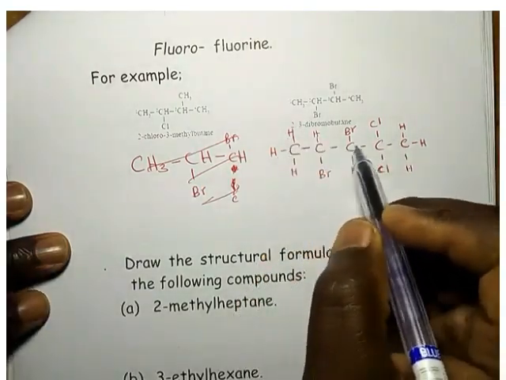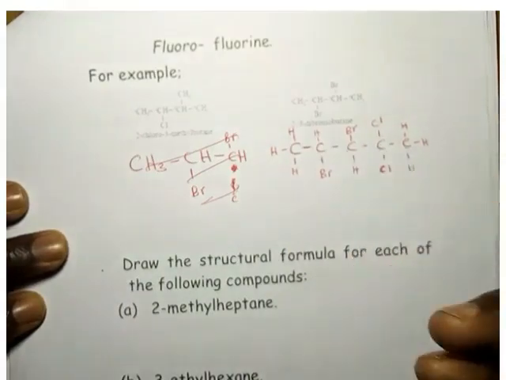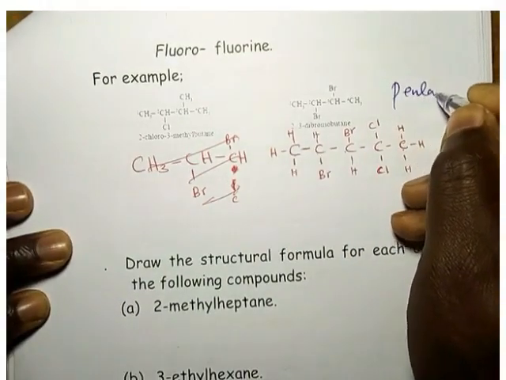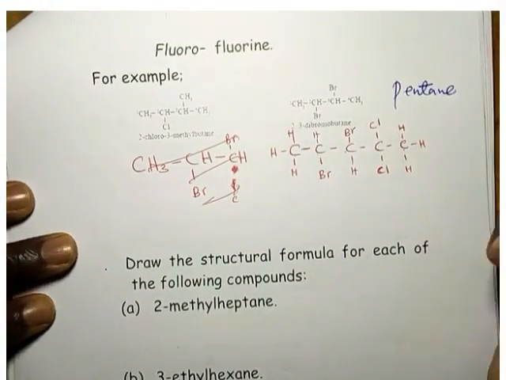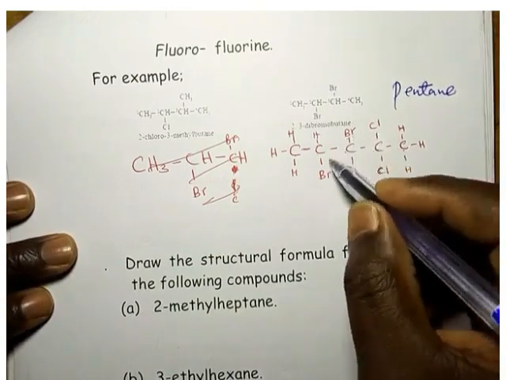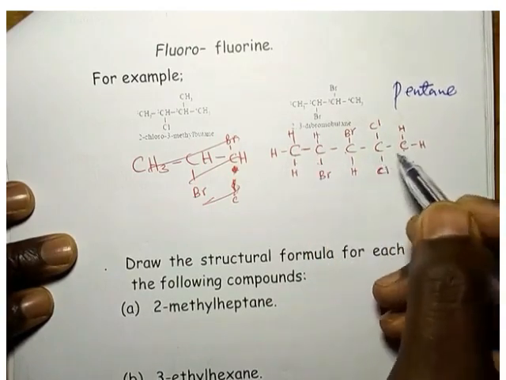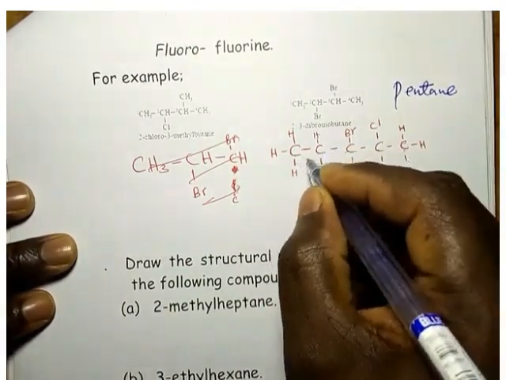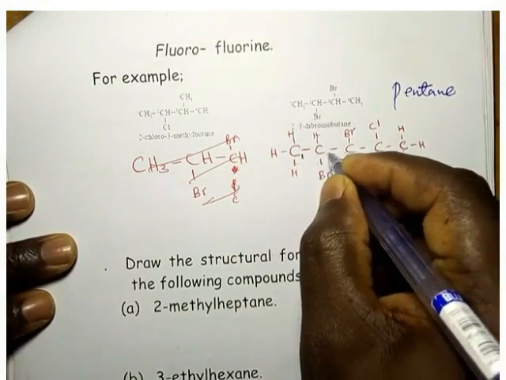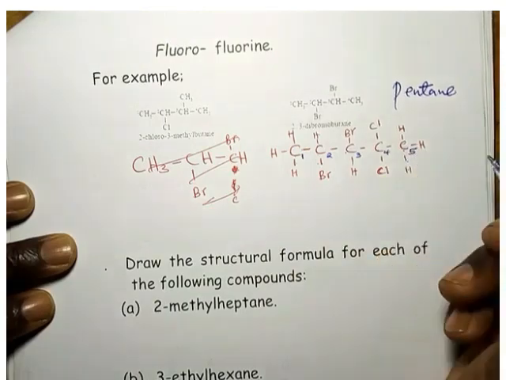Let us look at this one. The parent name is 1, 2, 3, 4, 5, that is pentane. That is the parent name. Now let us look at the substituent groups. We have halogens here, chlorine and bromine. We will start numbering from anywhere; it doesn't matter this time round. 1, 2, 3, 4, 5.